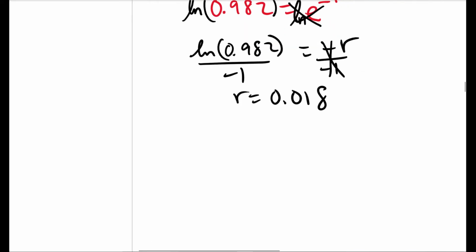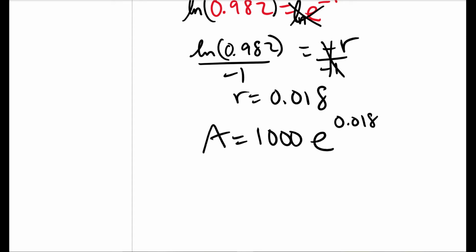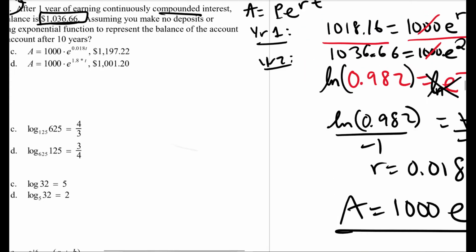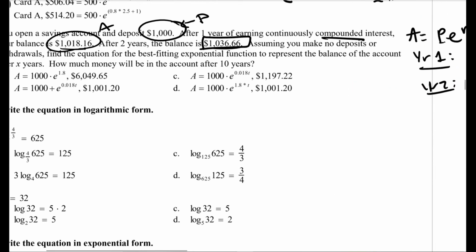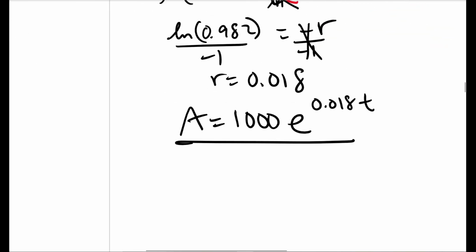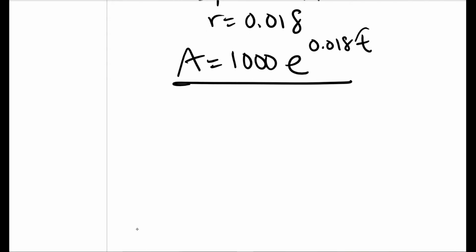So now we know where our interest rate is. So if we use the Pert formula, which is 1,000 e to the r times t, that's my new model. Now we're going to figure out what money is going to be in the account after 10 years. So now we're going to plug in 10 for t.